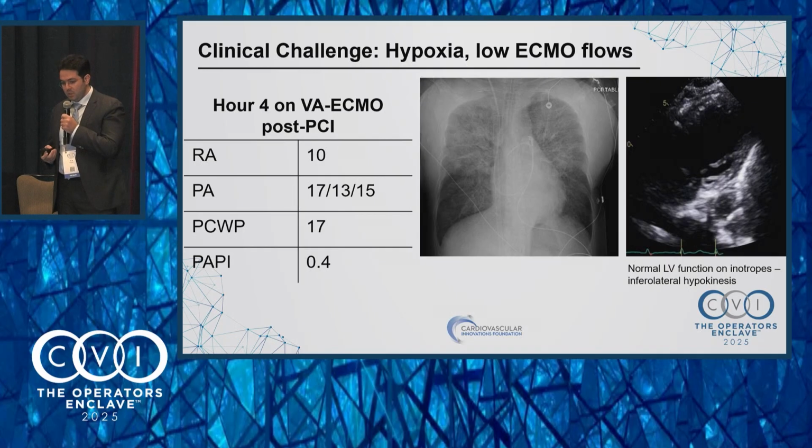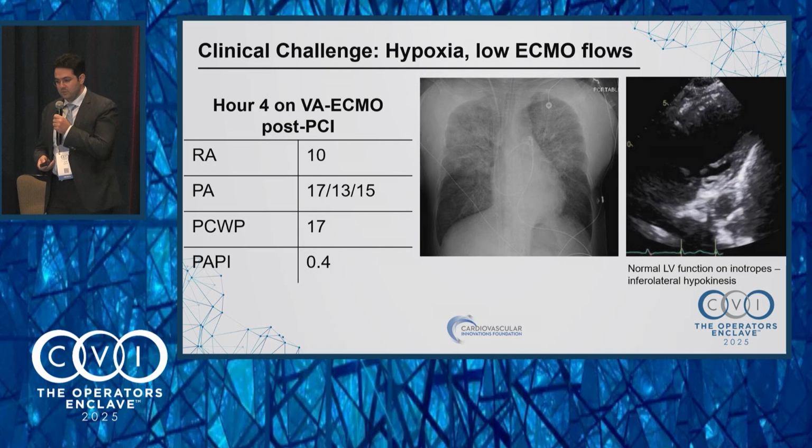Her Swan numbers showed pretty severe RV dysfunction, RA of 10, PA pressure 17/13, and a mean of 15 with a wedge of 17. Her pulmonary artery pulsatility index was 0.4, which is severely reduced.